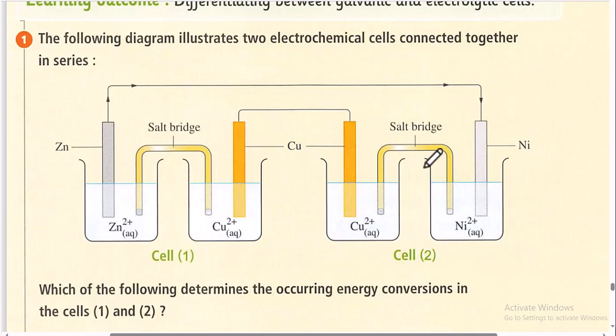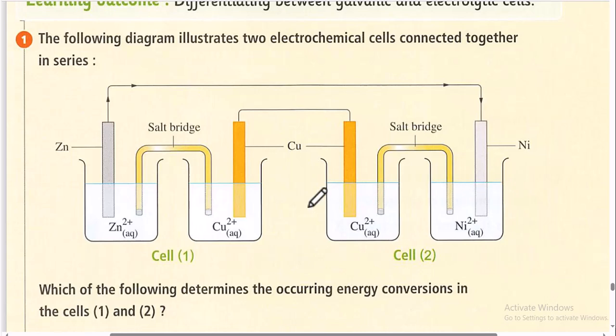If we arrange these elements according to their activity, the highest in activity is zinc, then nickel, and then copper. Copper is the least active element here, zinc is the most active, and the moderate in activity is nickel.